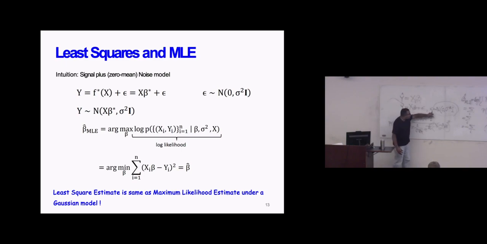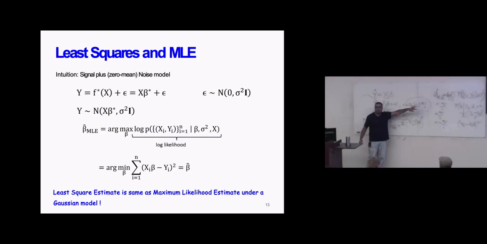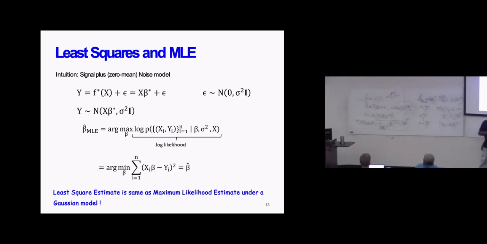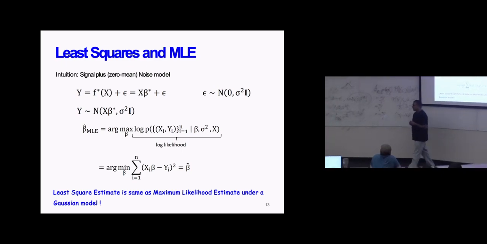And if we assume that this follows a Gaussian distribution centered around 0 with a standard deviation of sigma, then the distribution of y looks like this. And maximizing this is essentially minimizing this. Clear? Good.